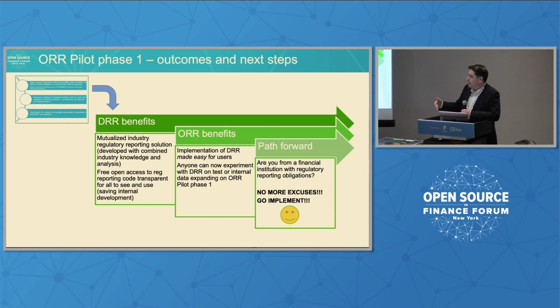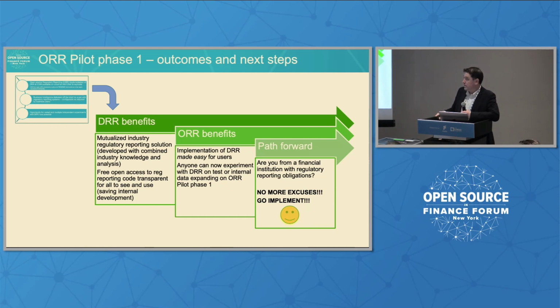So DRR, why have we done this? What are the benefits of this? So we've made it easy for people to pick up DRR and implement it. You can go and experiment with DRR and test it on internal data, or expand the work we've done on the pilot. We have our own plans to expand it, as Stephen showed us.